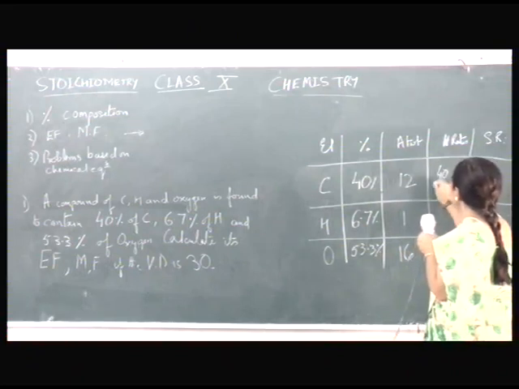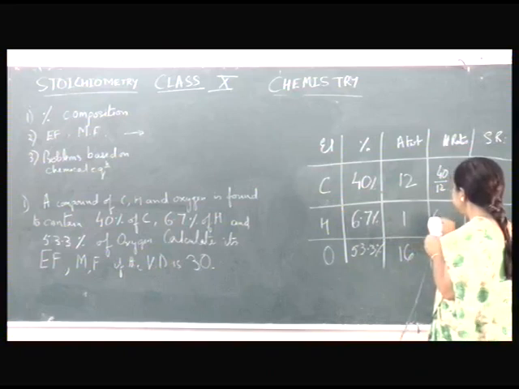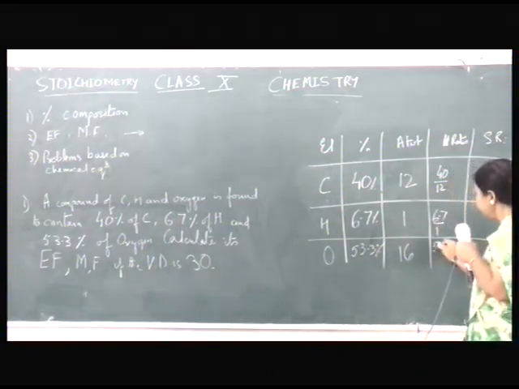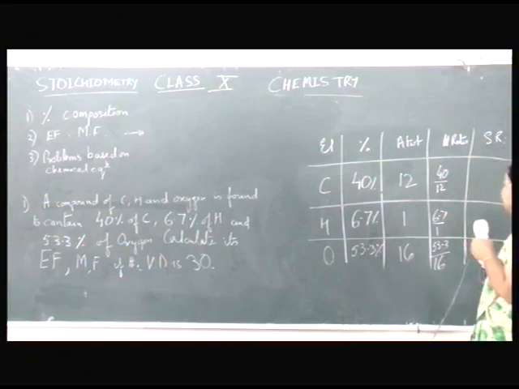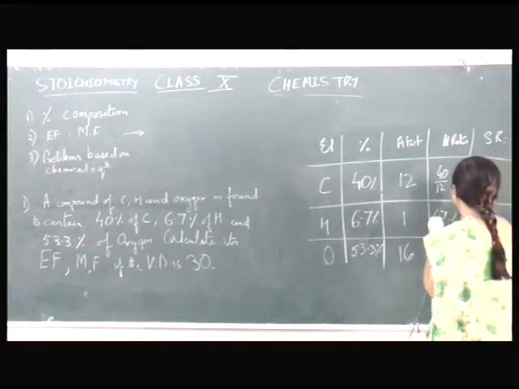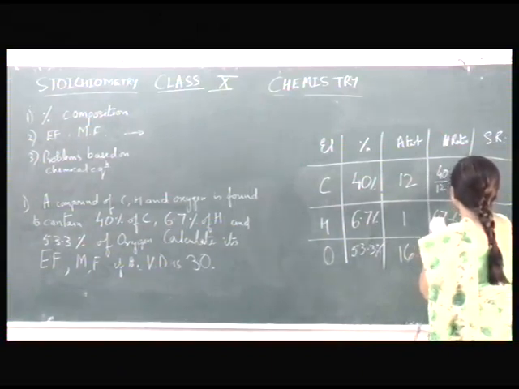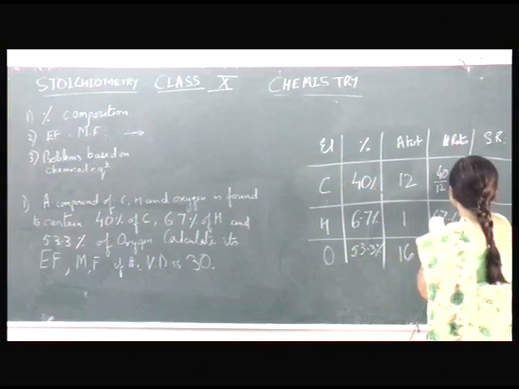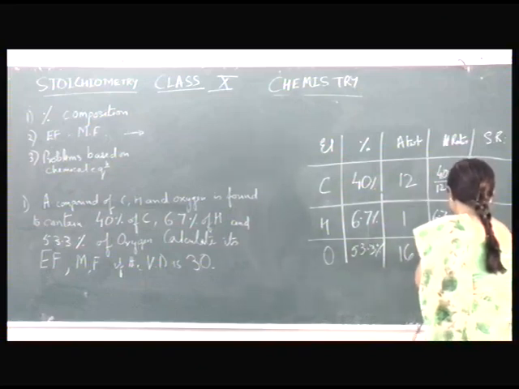So 40 divided by 12, then 6.7 divided by 1, and 53.3 divided by 16. Now this comes to 3.33, this is equal to 6.7, and this is also equal to 3.33.